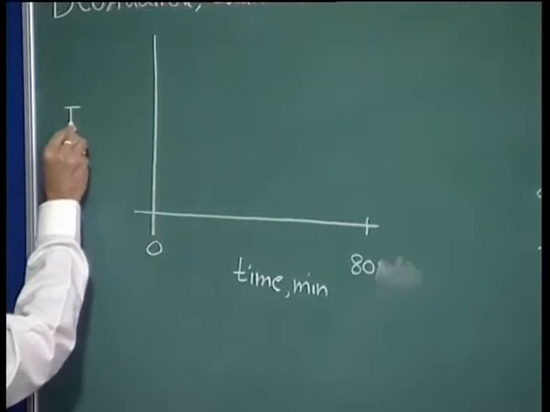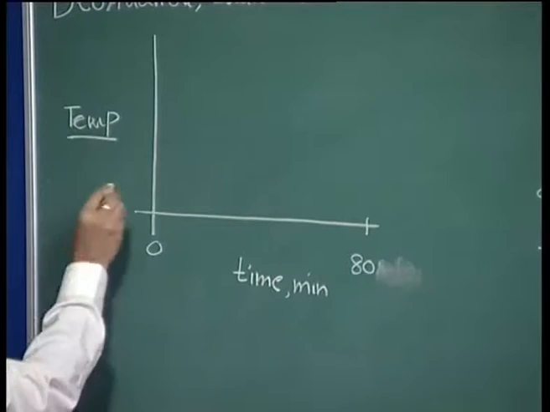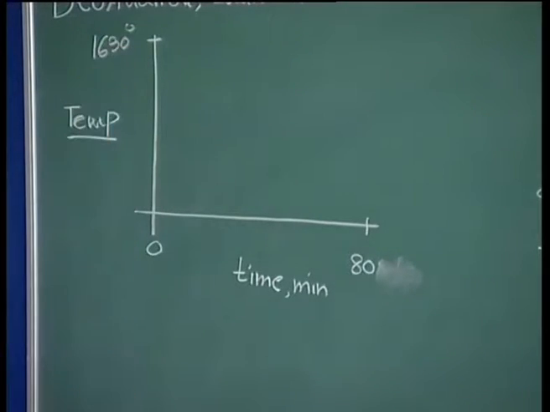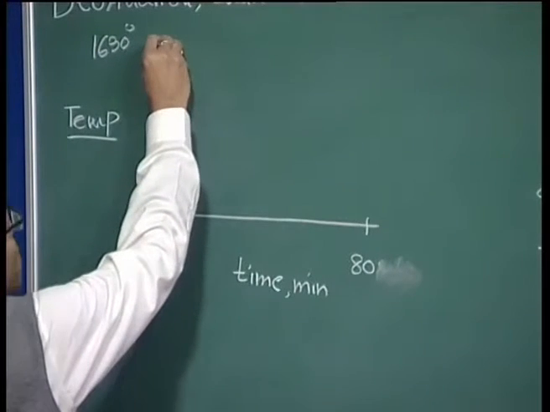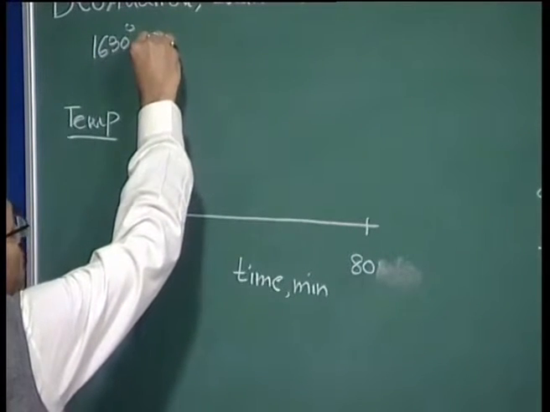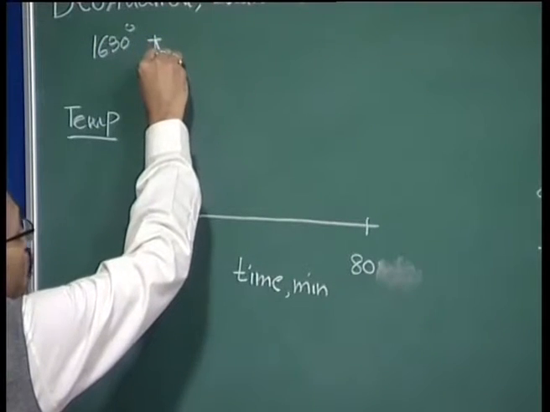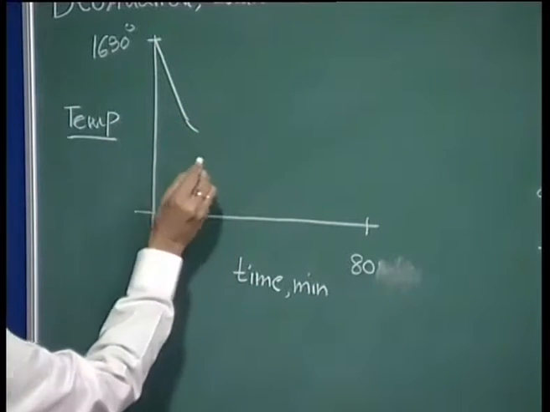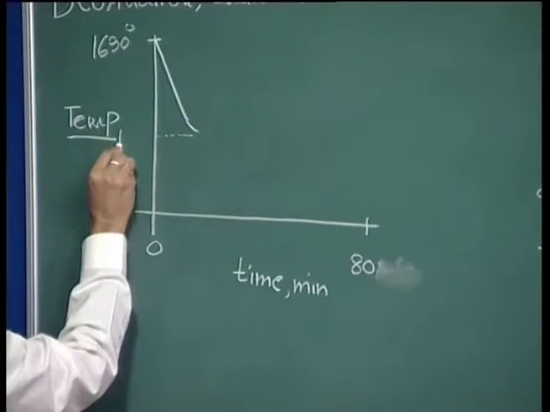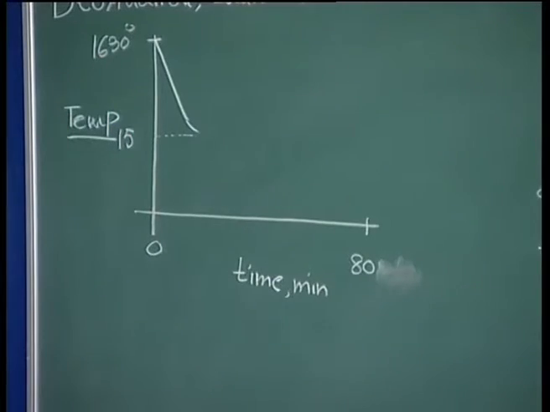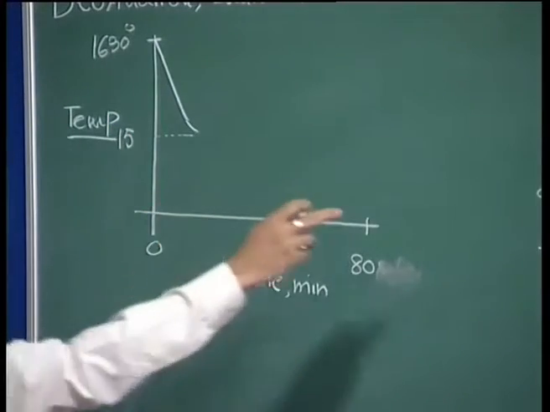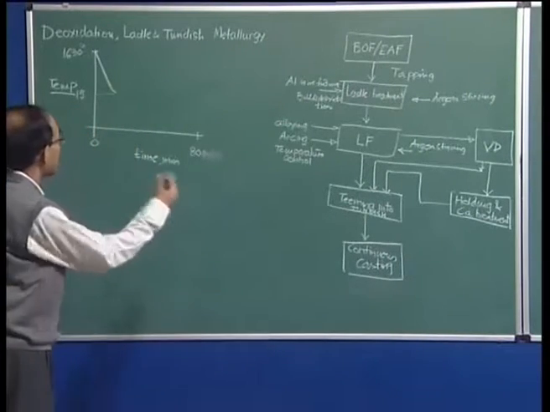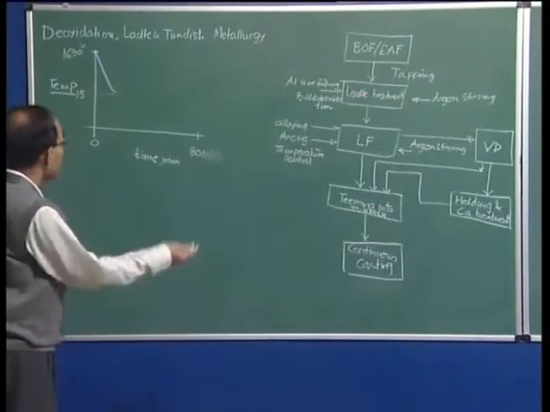So, we have temperature here, and if you tap, for example, the melt at 1630 degrees centigrade, by the time the tapping is over, in the first say 15 minutes or so, the temperature drops drastically. How much temperature can be dropped during the tapping operation and the initial period of holding of metal in the ladle filling?